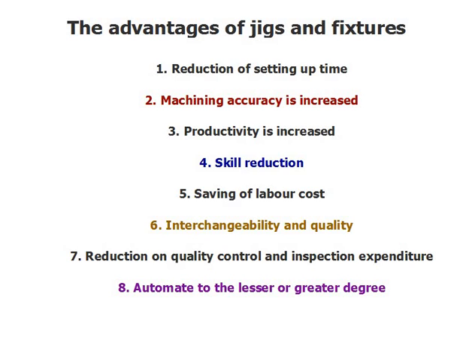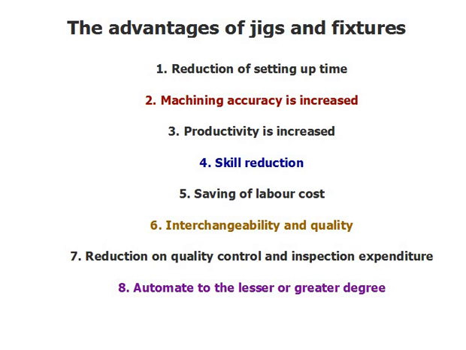Then the sixth advantage is interchangeability and quality. Jigs and fixtures facilitate the manufacturing of parts in large quantities with a high degree of accuracy and interchangeability at a competitive cost. Then reduction in quality control and inspection expenditure is the next advantage.